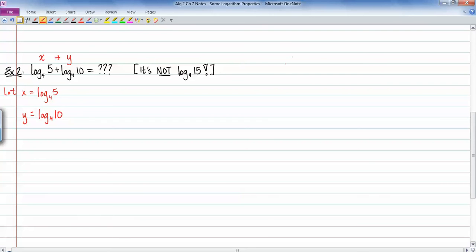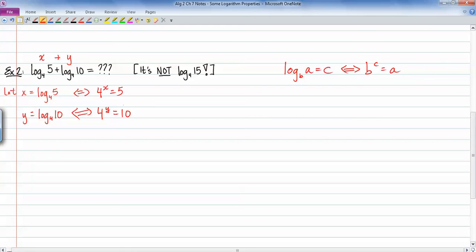Well, if I use that rearranging formula, log base b of a equals c means the same thing as b to the c equals a. If I rearrange the first one, I'm going to get 4 to the x equals 5. And if I rearrange the second one, I'm going to get 4 to the y equals 10.